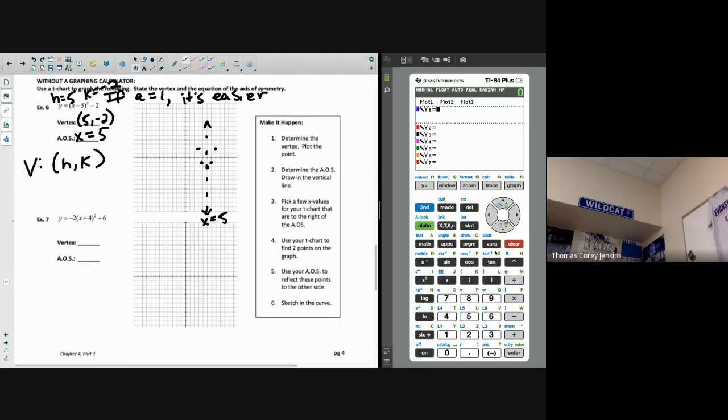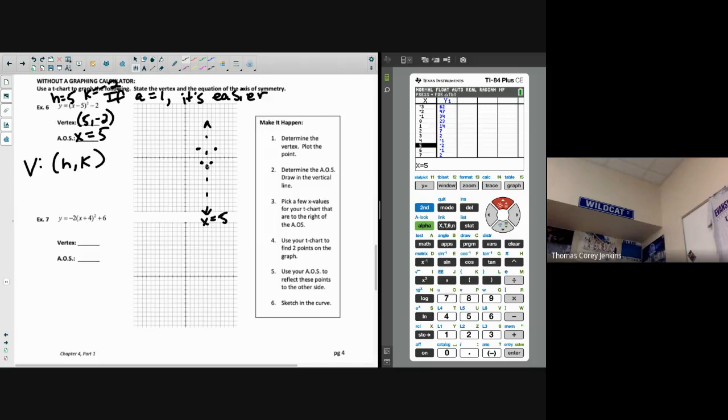So just to verify those points real quick, we have x minus 5, close parentheses, squared, and then -2. I'm just going to go straight to the table. Second graph. And my vertex is at 5, so I'm going to go there. That's in the middle. So we had 5, -2.